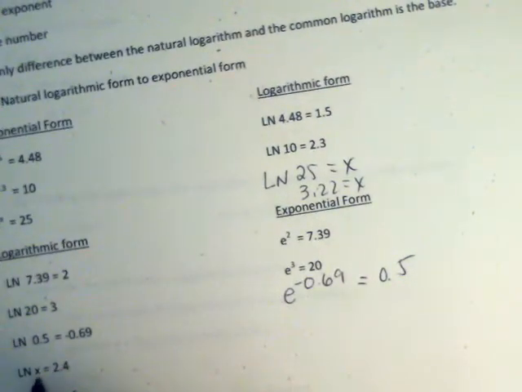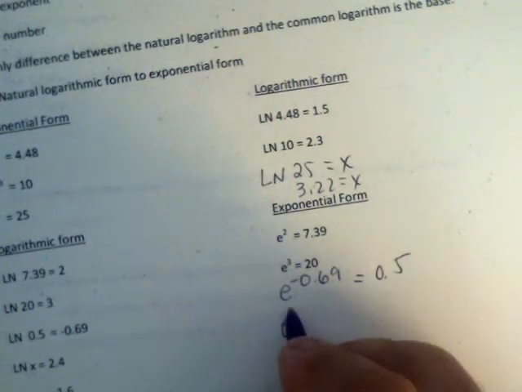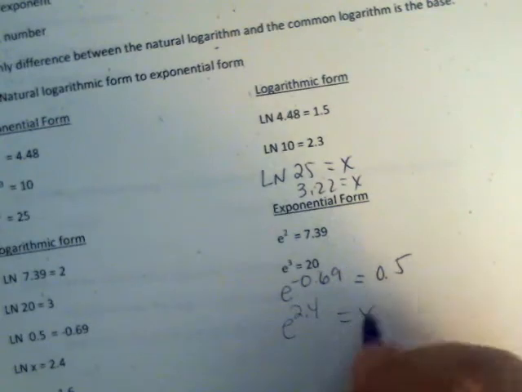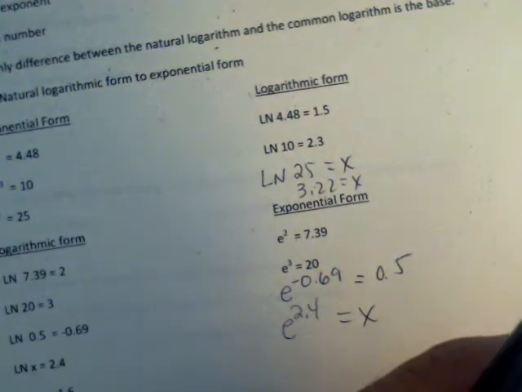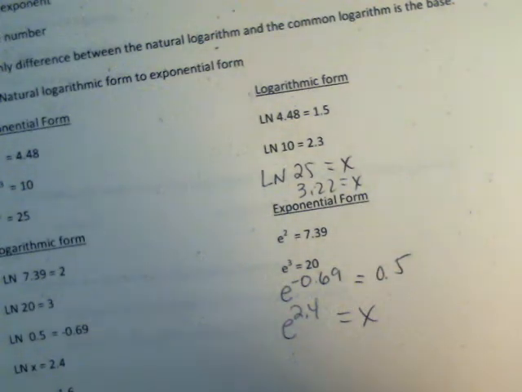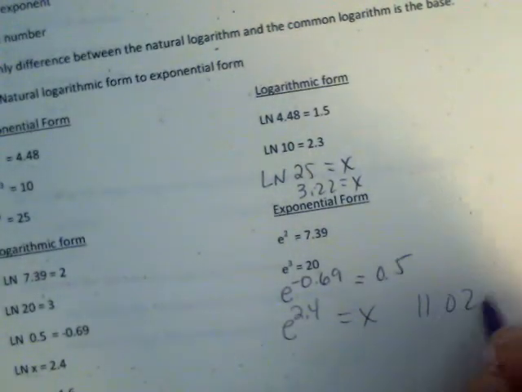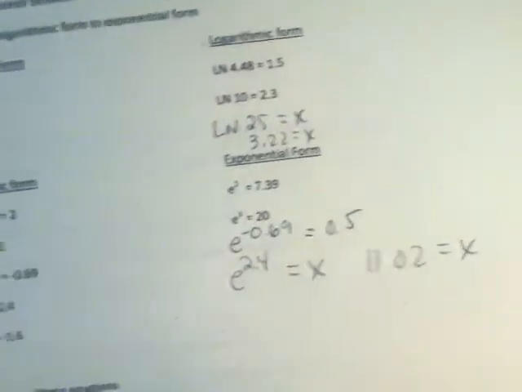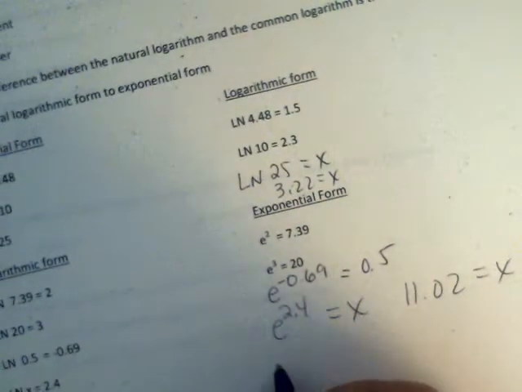Here I have an unknown x. Natural log of x is 2.4. So e to the 2.4 is x. We did e last time, so just know how to access your e button, your e function. And it's like 11.02 equals my x. Natural log of x is negative 1.6.